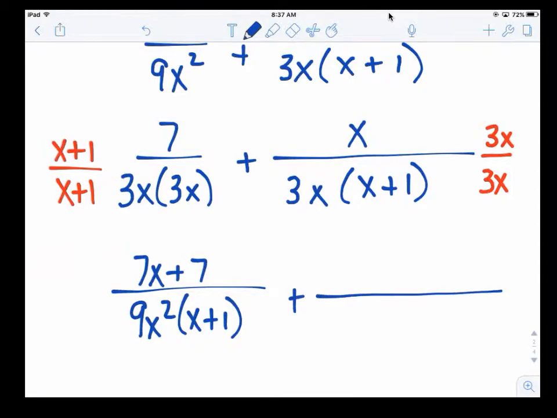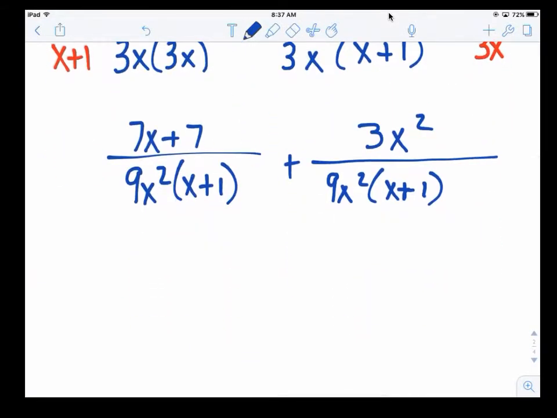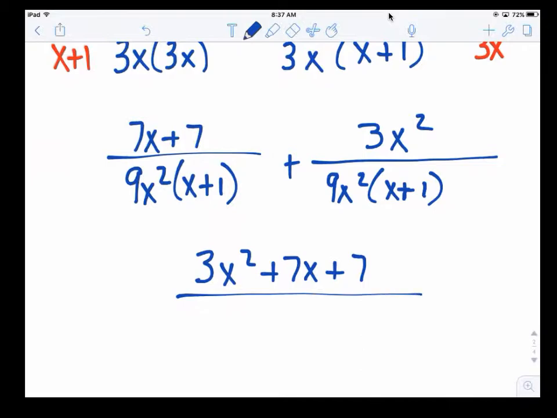And then if I multiply the top, I get 3x squared, right? And then if you put them together, you get 3x squared plus 7x plus 7 over 9x squared times x plus 1.